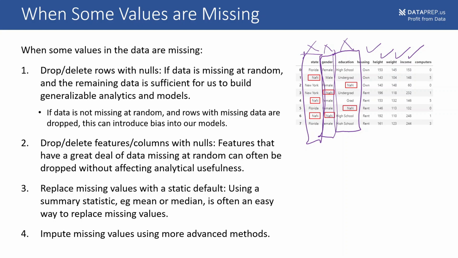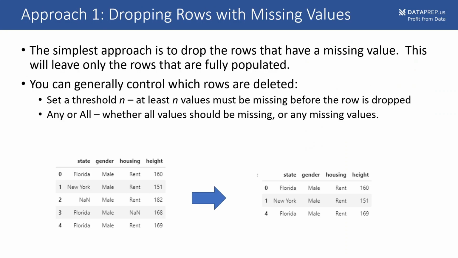So now let's look at a little bit more for what we can do for each of these options. So first, as we discussed, we can drop the rows with the missing values. Generally, your analytical software will give you several options which you can use for your deletions.